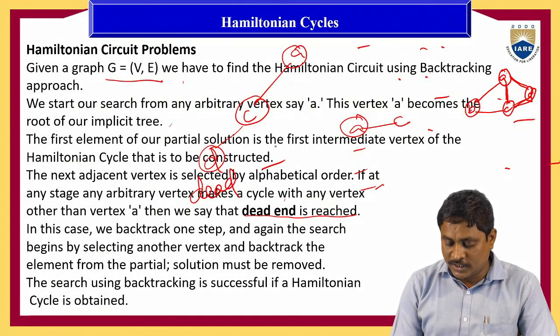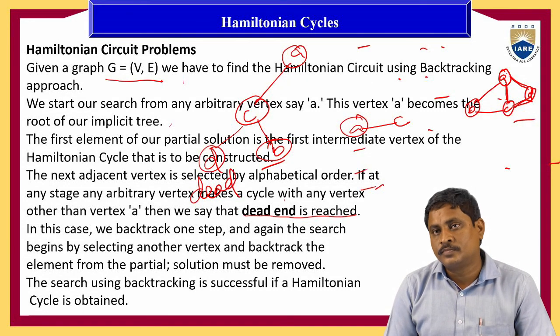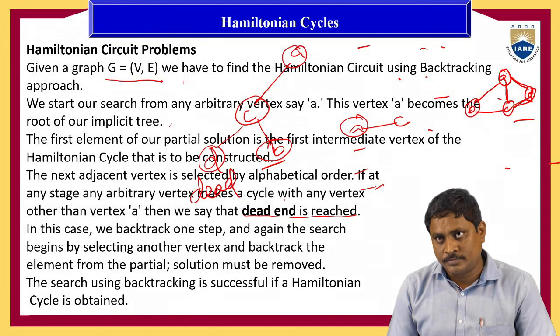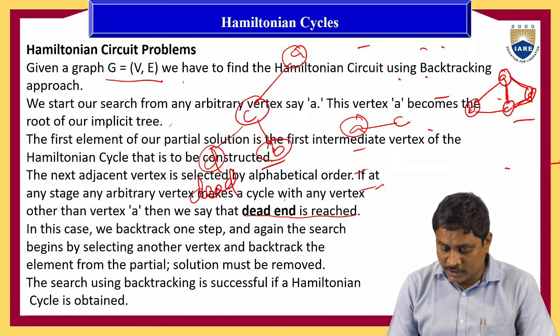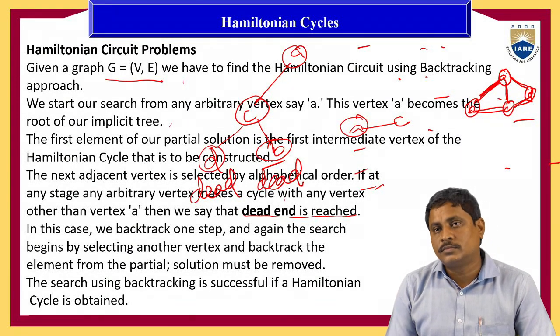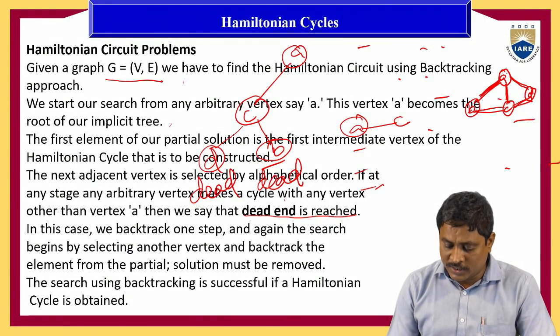Now suppose we take C to B. C to B, B to D, there is no direct route. Suppose we traverse C to B, B to A, it also forms a cycle, which means it is a dead end.